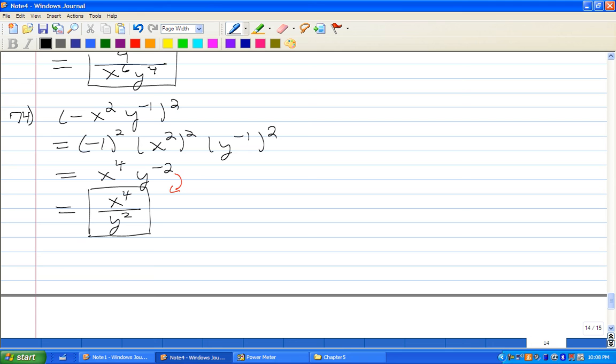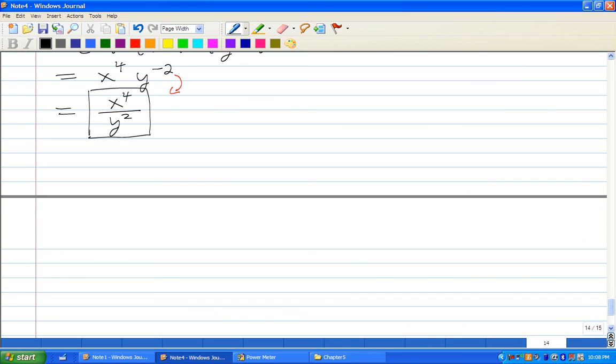Let me do problem number 78. In exercises 75 through 80, simplify the expression and write the answer in terms of positive exponents.